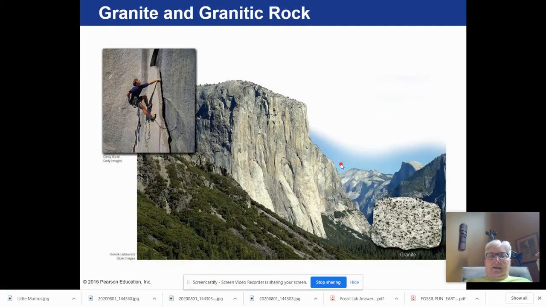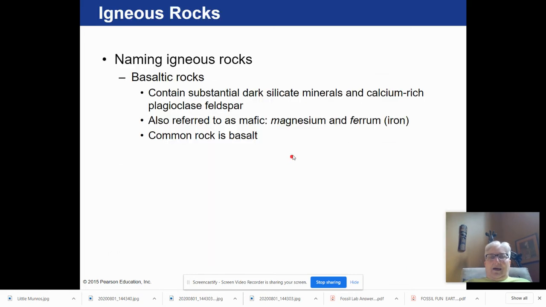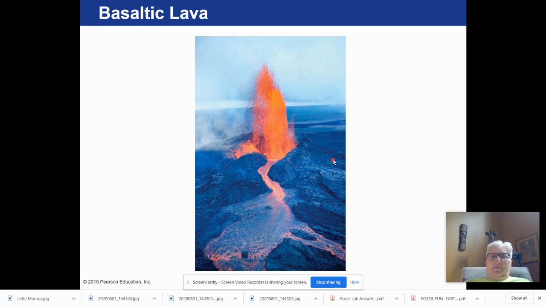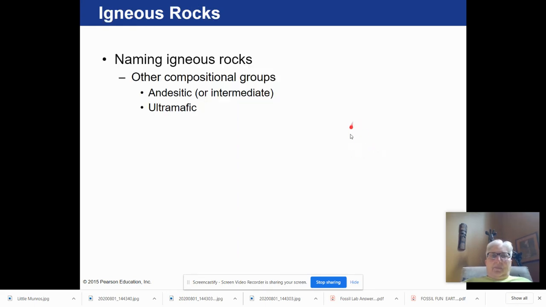And that content is about 70%. We have a lot of granite here in the United States. Another type of igneous rock is basaltic rock, basalt. It's very common, and has a lot of iron and magnesium in it.